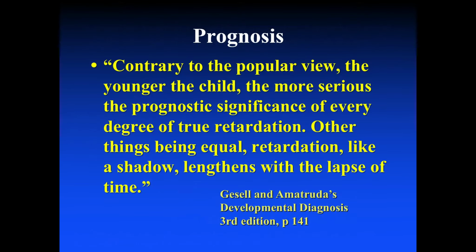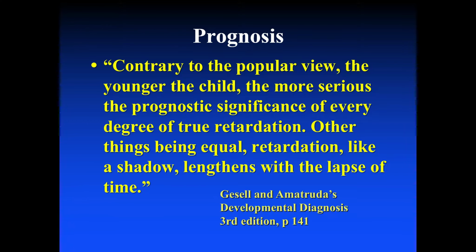And Arnold Gesell actually stated this decades ago in a rather poetic phrase: contrary to the popular view, the younger the child, the more serious the prognostic significance of every degree of true retardation. Other things being equal, retardation, like a shadow, lengthens with the lapse of time.